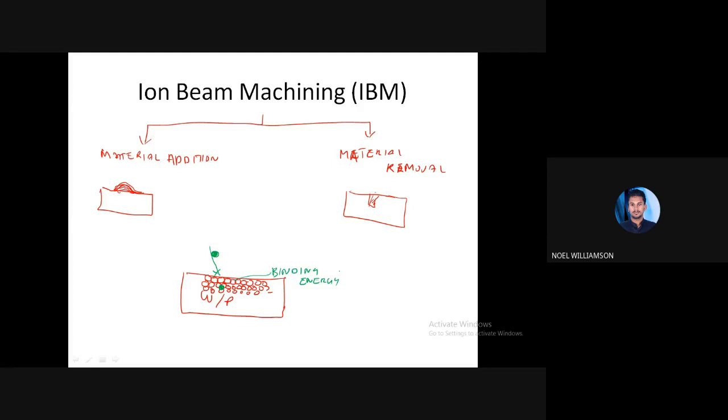Because of that, the workpiece is created and remains stable. If an ion reaches here, particularly an inert ion, then there will be no chemical change or anything like that.